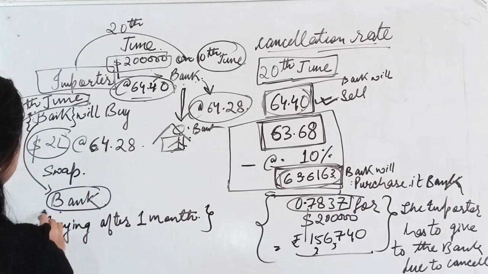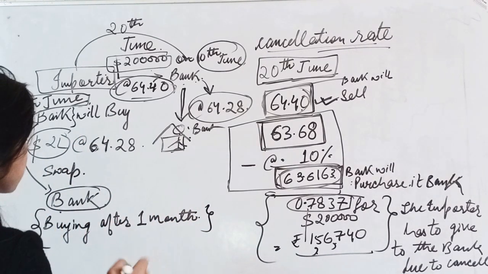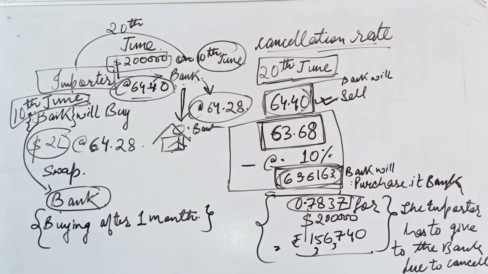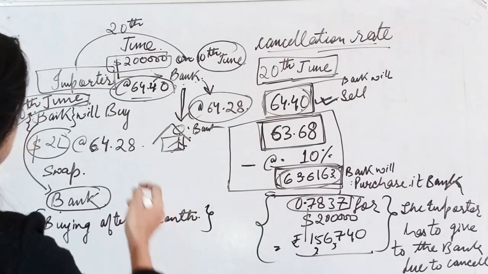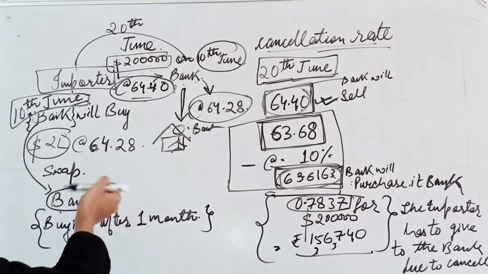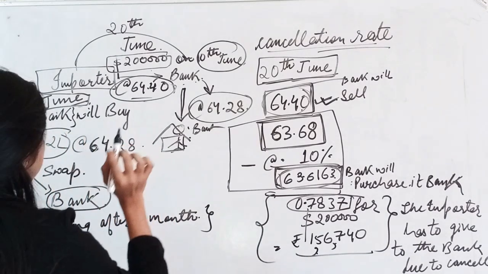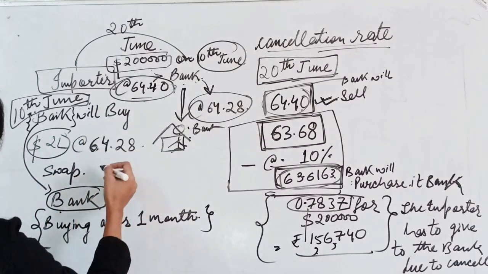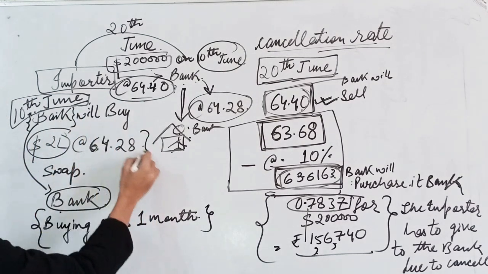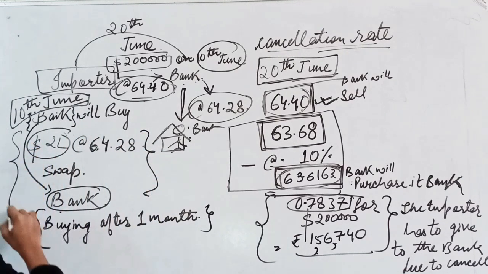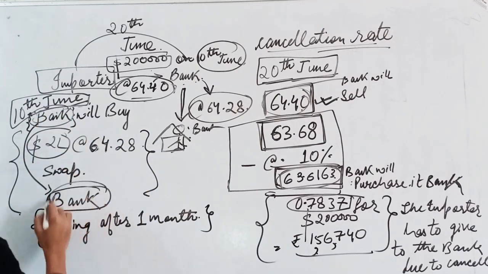Why did the bank do the swap? Because on 20th June the importer didn't come, but it doesn't mean that the importer will not come. That's why the bank did the swap with another bank. But mind one point: the exchange margin will not be applicable because this swap is between a bank and a bank.